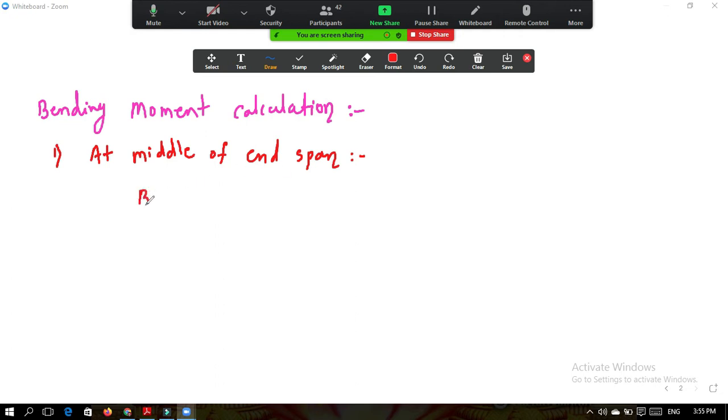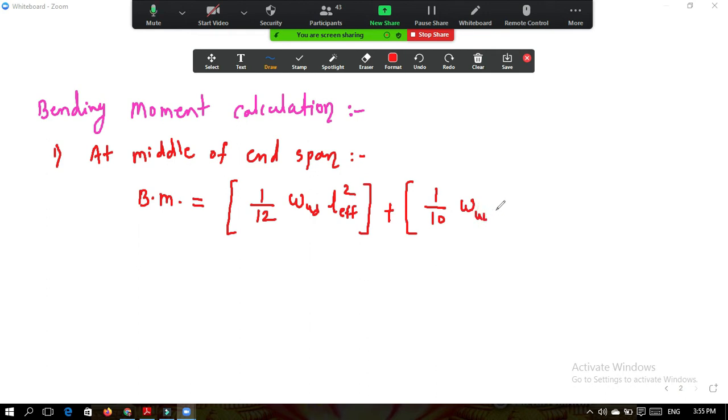So bending moment is equal to, the coefficient is 1 by 12, this is the dead load coefficient, so it is WD into L effective square. This is the first bracket. Plus you have to add live load also, the live load coefficient is 1 by 10, so 1 by 10 into live load into L effective square.